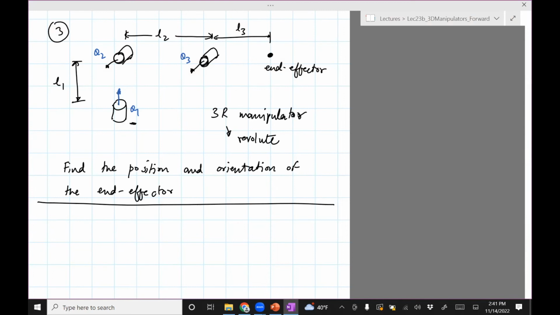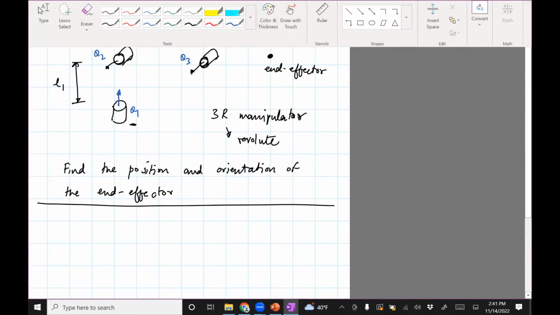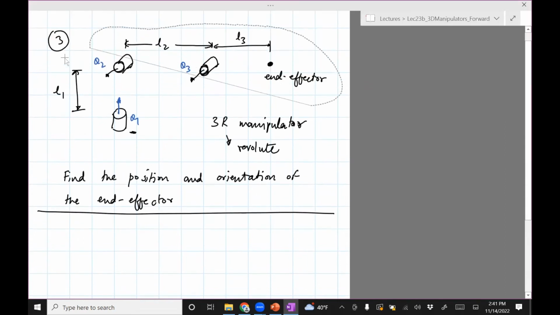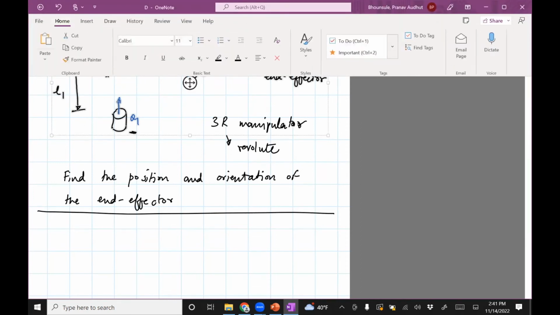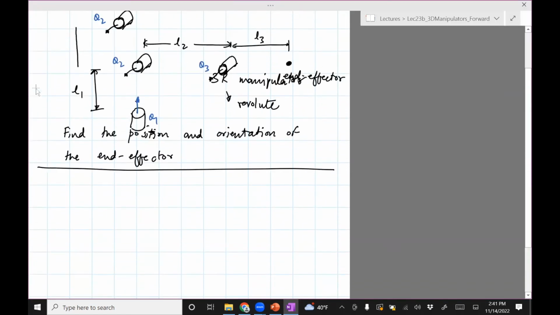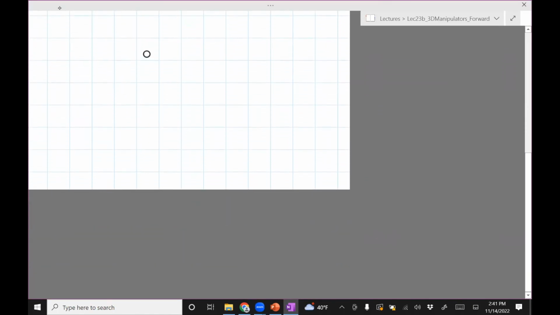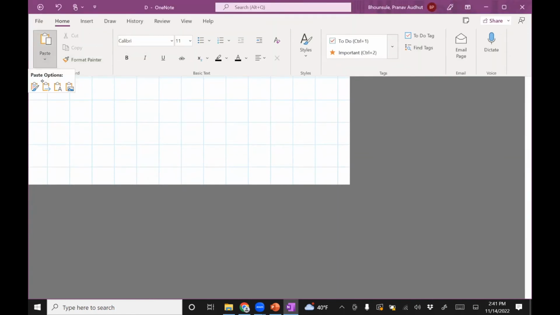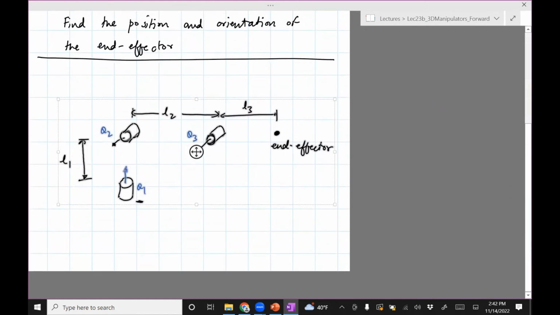Okay, so let me go to step 1, which is figuring out the coordinate frames. So let me copy this. Okay, all set.